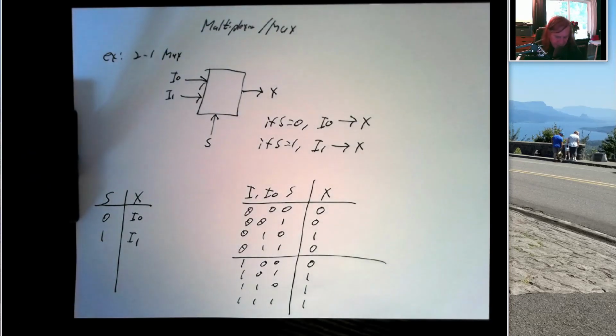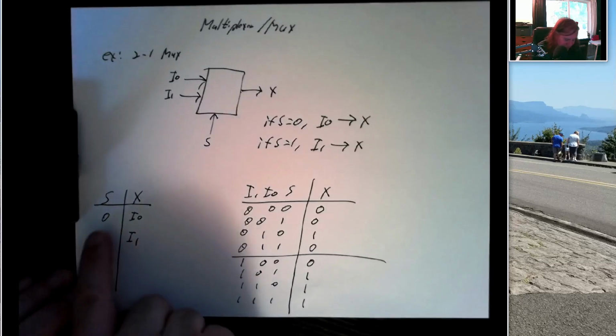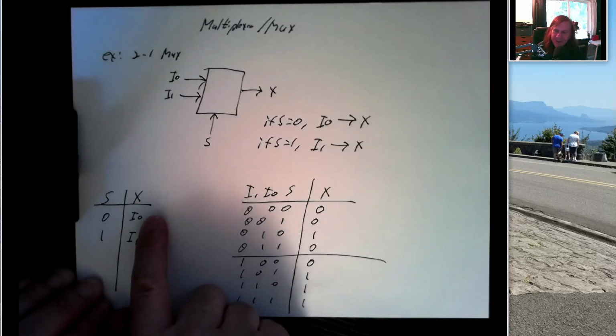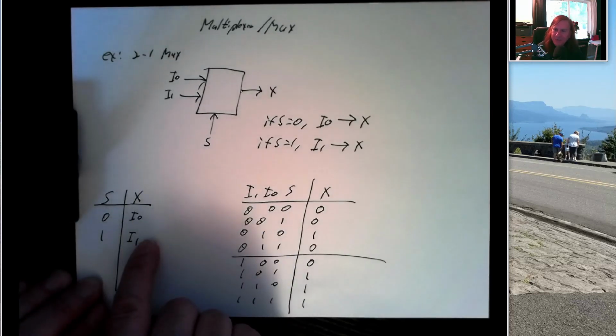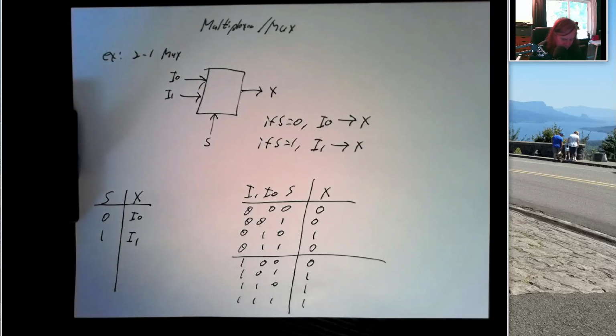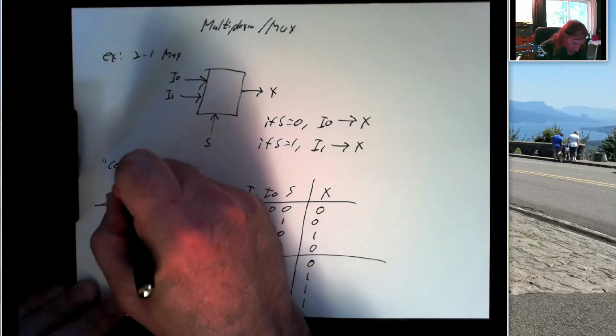There's a truth table with just a pair of rows. And this truth table basically says, hey, if S is 0, X is equal to whatever I0 is. And if S is 1, X is equal to whatever I1 is. And we call this a compressed truth table.